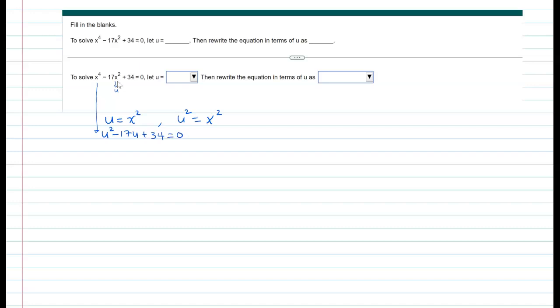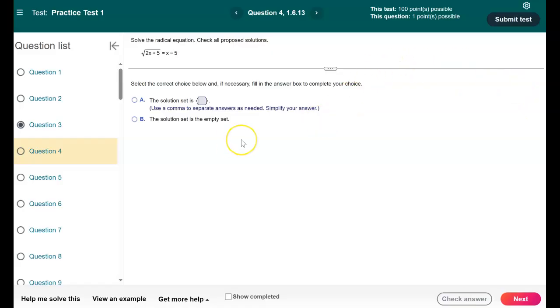So this would be your quadratic expression. Your u is x squared, and you rewrite the equation in terms of u as u squared minus 17u plus 34.